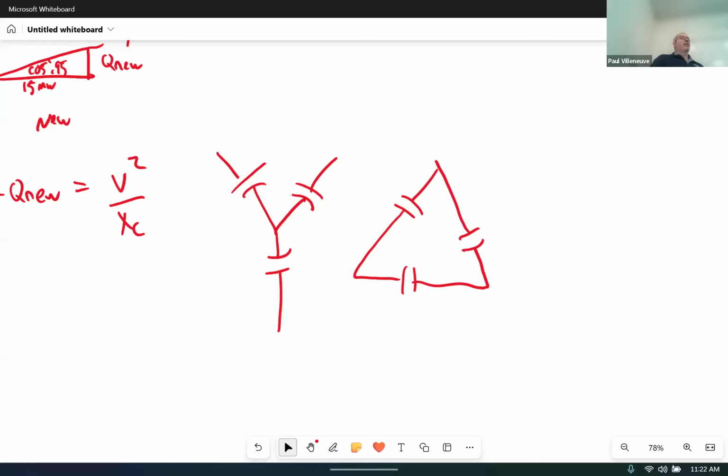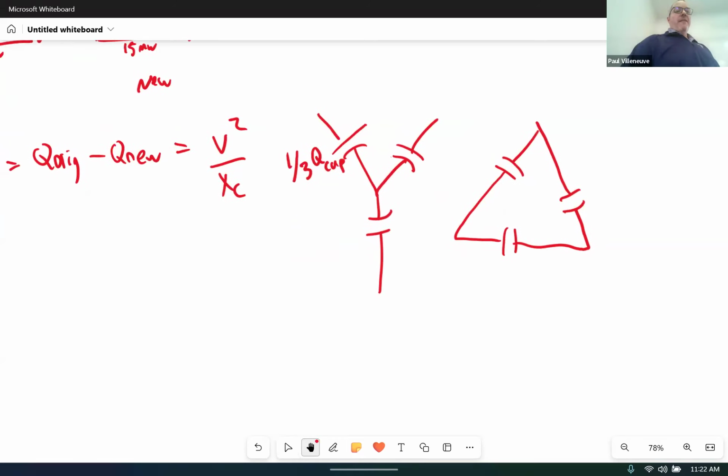And so each capacitor is responsible for 1/3 of the Q cap. The cap bank itself, notice I said cap bank, is responsible for the 3-phase total. Each individual one is responsible for 1/3.